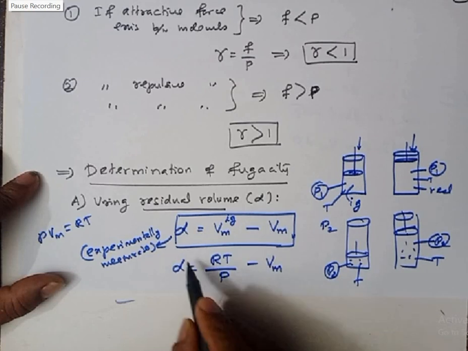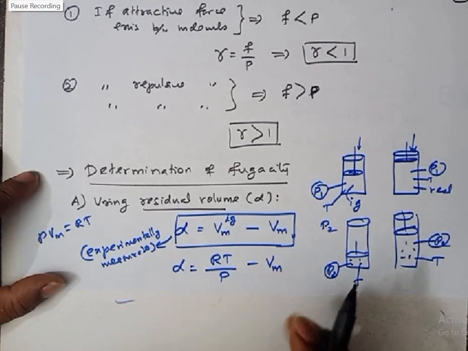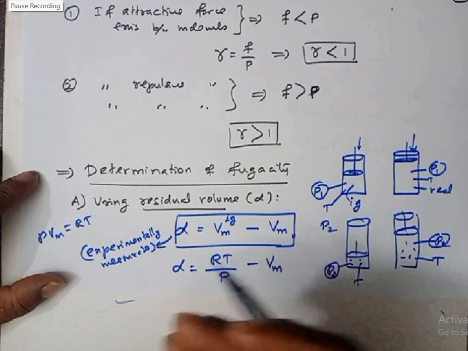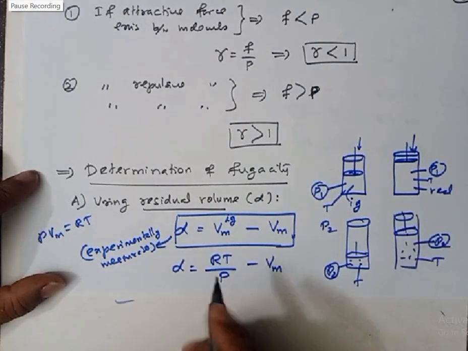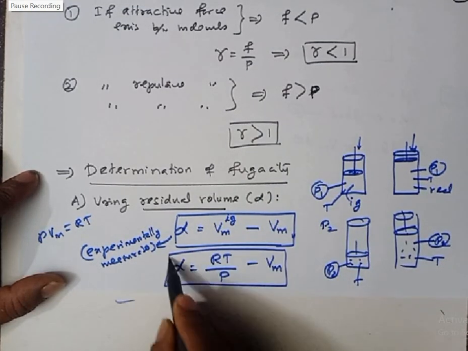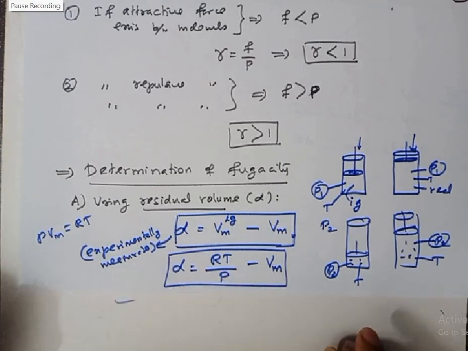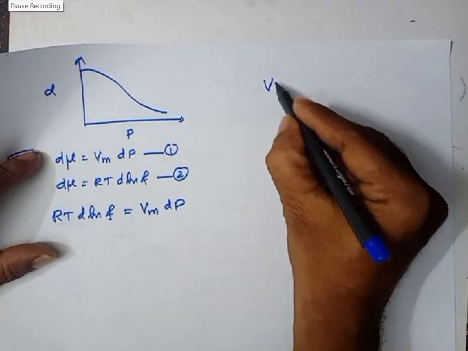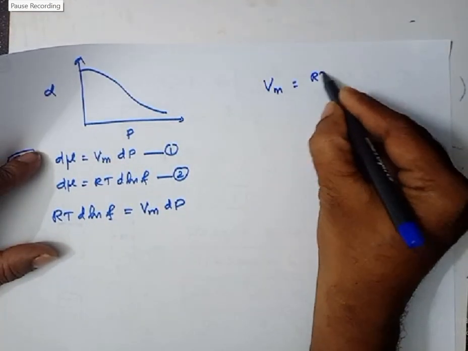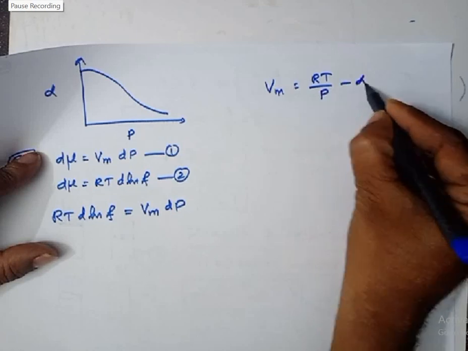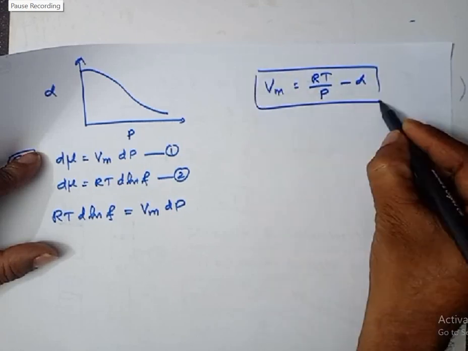But for a real gas, I don't know the expression for molar volume, because different real gases follow different equations. Take note. Now I'll interchange this and write an expression for molar volume. I'll show it on the next page. So molar volume is equal to RT by P minus alpha. Is this clear? Any doubt?